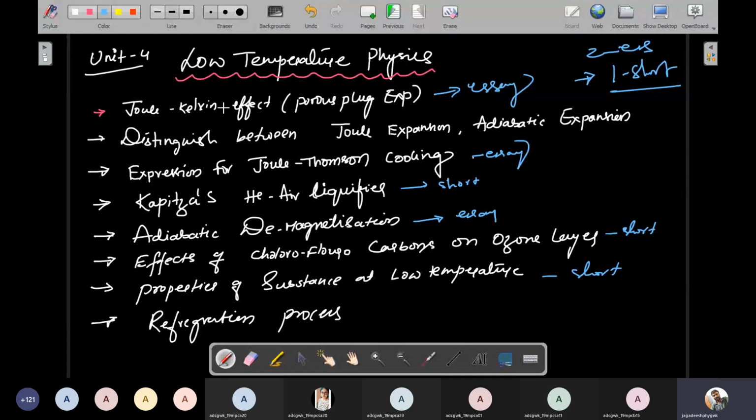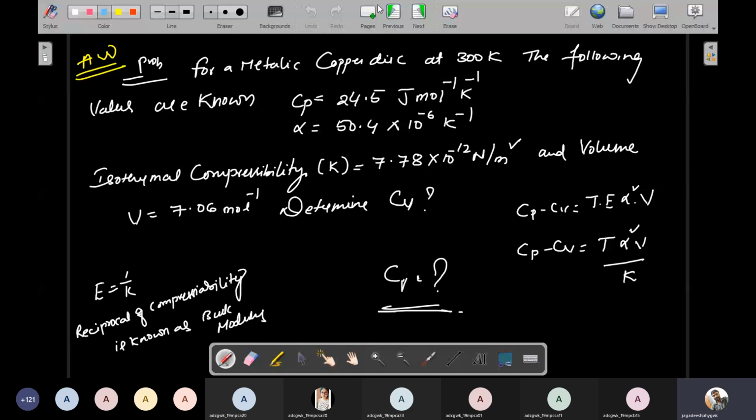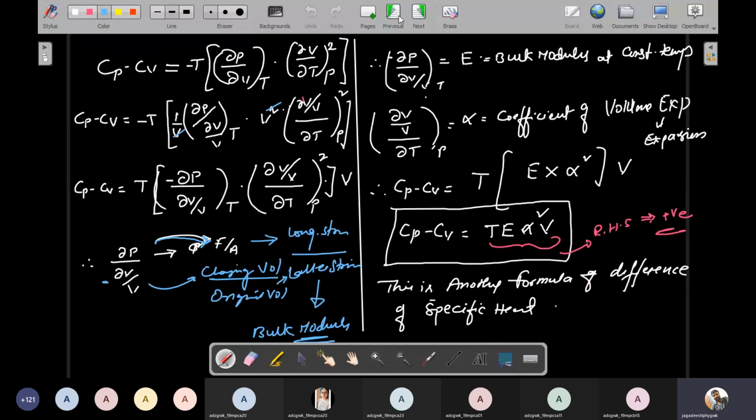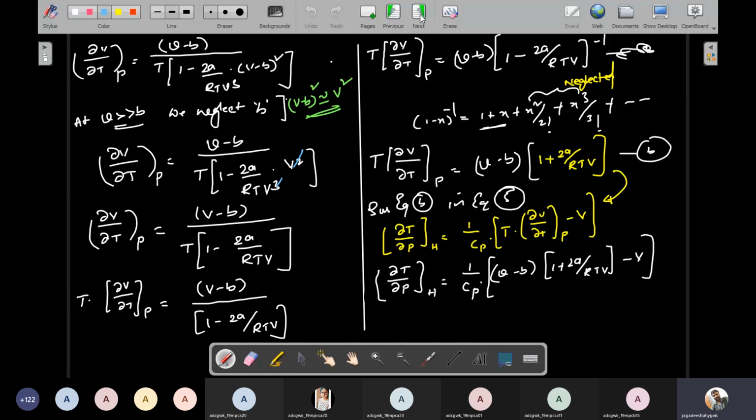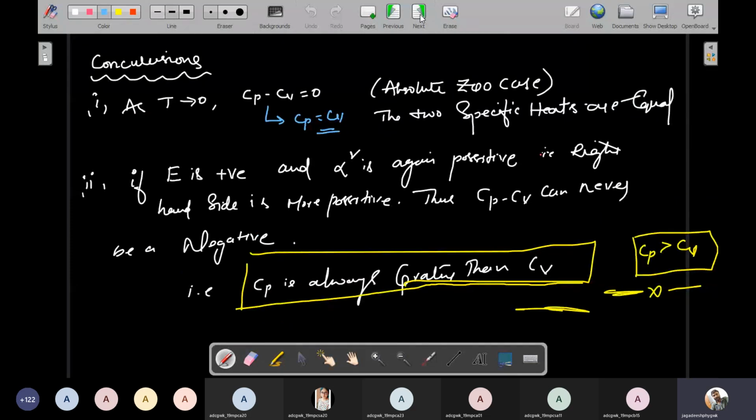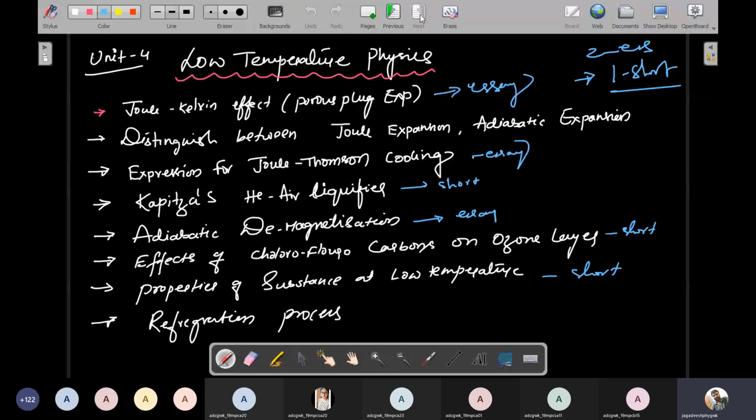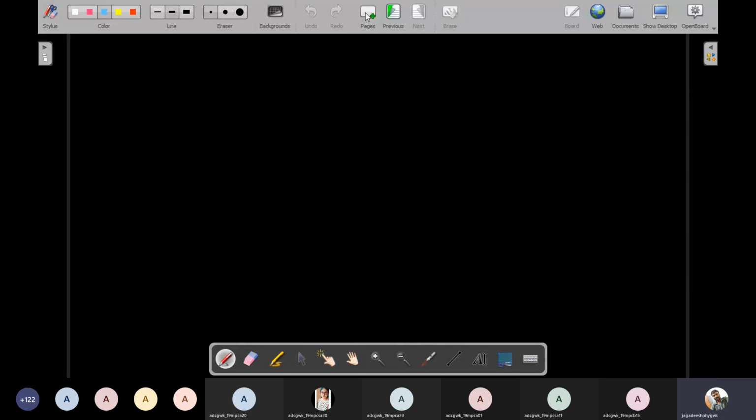Okay, shall we move to the next topic? The first topic is the Joule Kelvin effect.